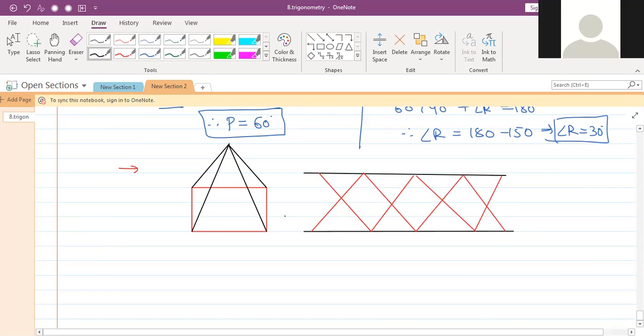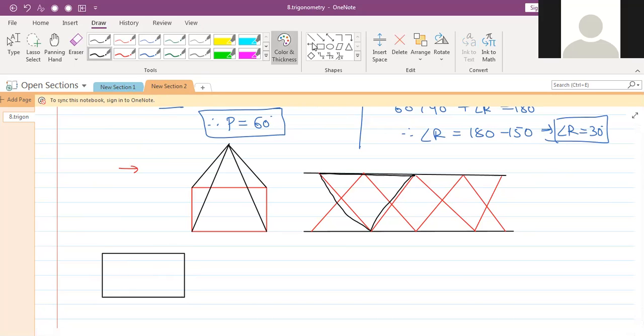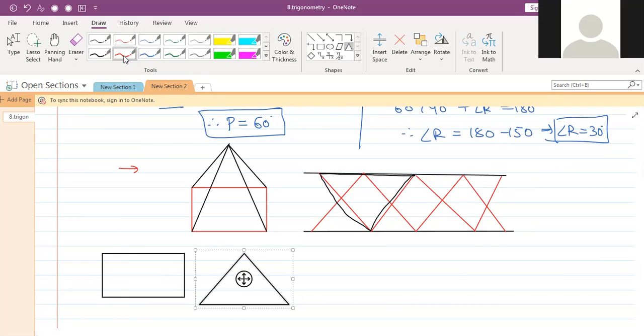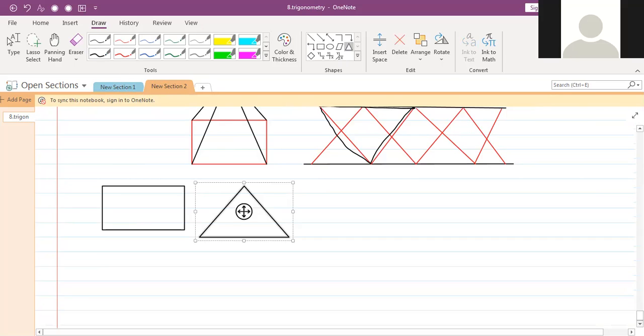You can also find some interesting things about triangles on Google. Here you can see this one is a triangle. Why is a triangle the strongest, other than a square, rectangle and others? I can explain just a second.